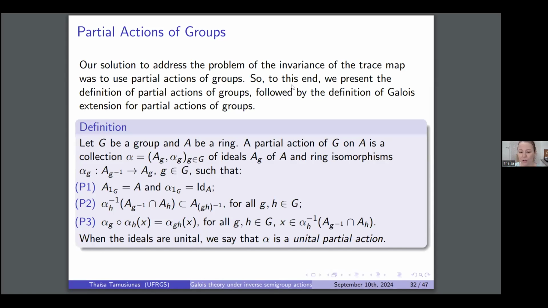So in this new context, we are not assuming any restriction on the action. And we construct this new trace map using partial actions of groups, without working with the orthogonality anymore.